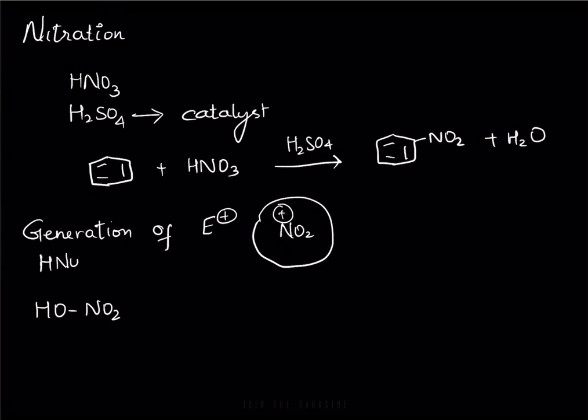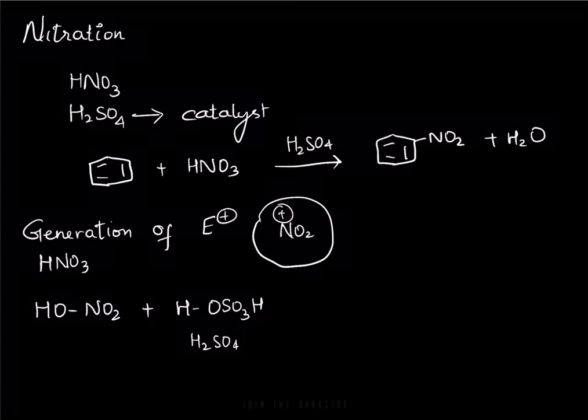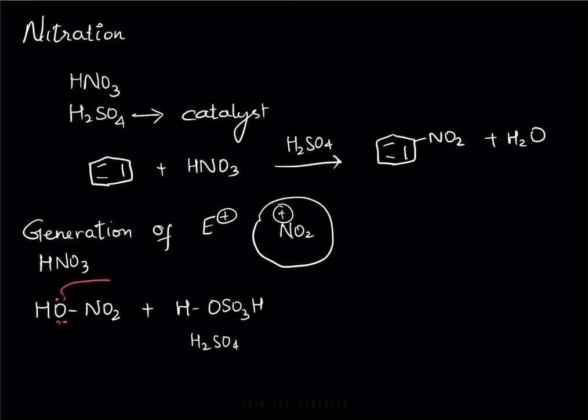So here is nitric acid. Remember, the formula for nitric acid is HNO3, and I have separated it like this. And that reacts with H2SO4, which is separated as HO-SO3H. The first step is that the electrons from the oxygen are going to attack or abstract the hydrogen from the acid to convert it into a good leaving group.